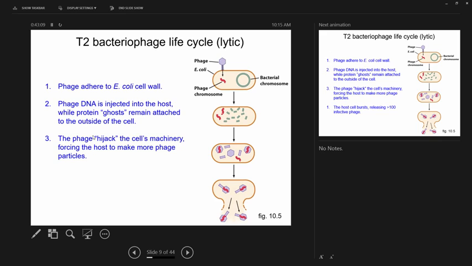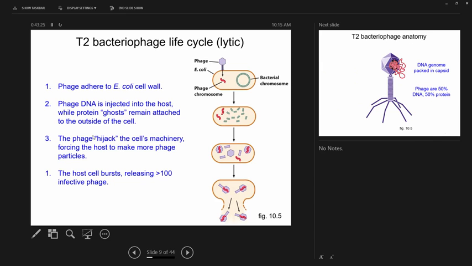And then when the bacteriophage are done, their coup de grace, so to speak, is they force the bacterial cell to lyse open, and out comes about 100 new bacteriophage ready to infect another cell. And that should be a 4, not a 1. And that's why you get this clearing of bacteria.